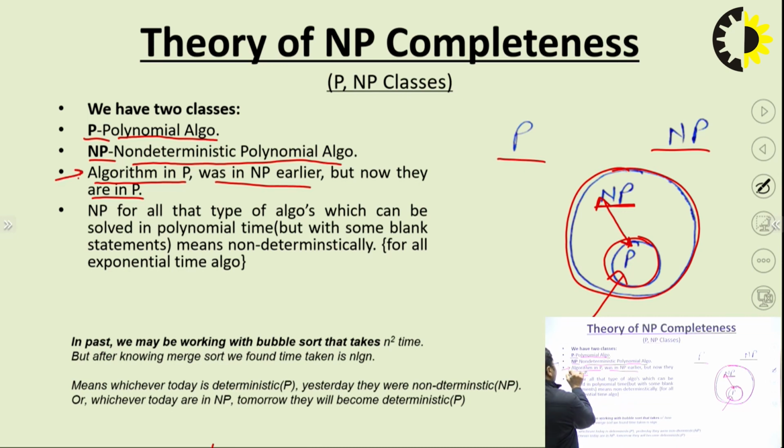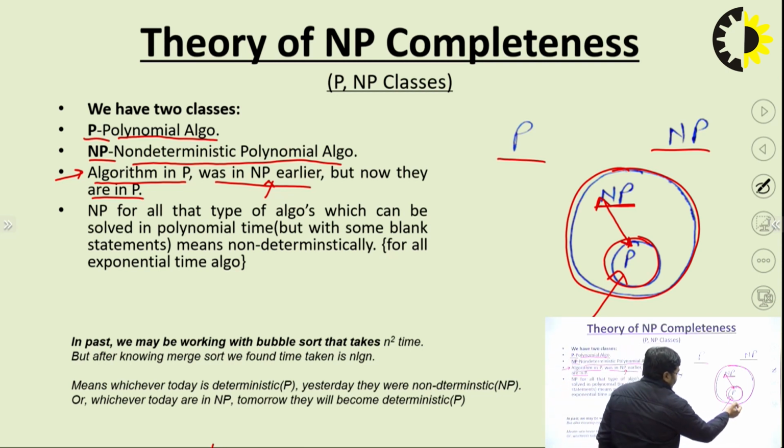It is written here: an algorithm in P was in NP earlier, means it was solved in polynomial time but not deterministically earlier, but now it is in P, means we have deterministic algorithms for finding the polynomial time solutions.